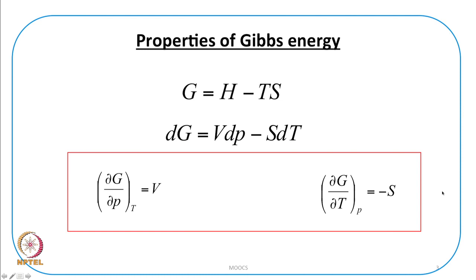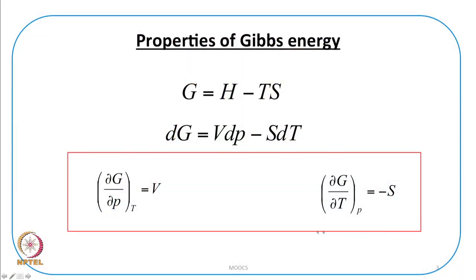Both volume and entropy in their own terms can give a lot of information. For example, as we will discuss later on, the volume itself depends upon intermolecular interactions. The entropy depends on intermolecular interactions. So, I am only talking about intermolecular interactions at present, but there are many other factors which contribute to volume and to entropy. Therefore, these derivatives can provide very useful information.